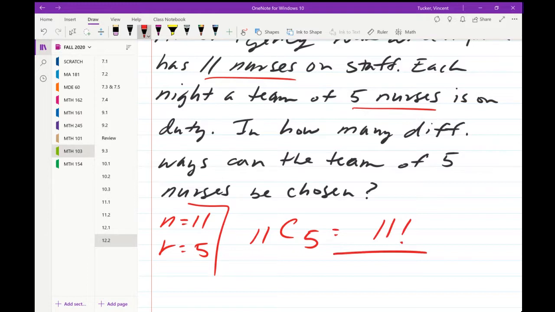11 factorial over 11 minus 5 factorial times 5 factorial.